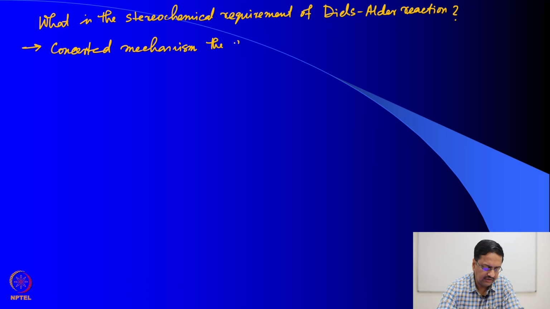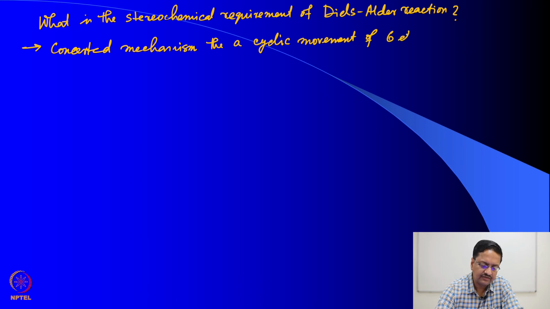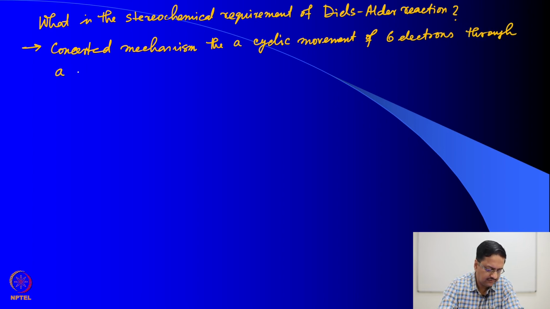Through a cyclic movement of 6 electrons through a cyclic transition state.